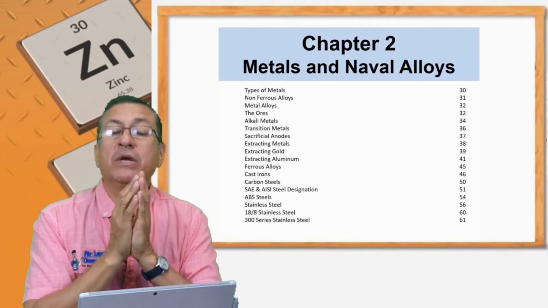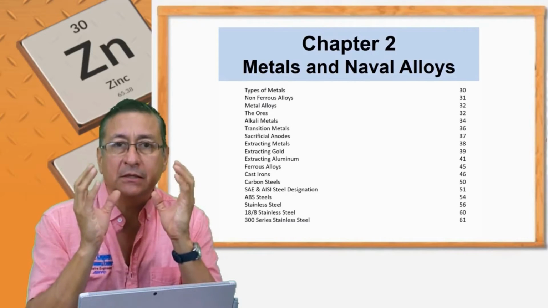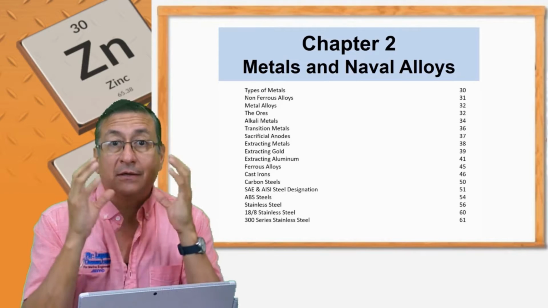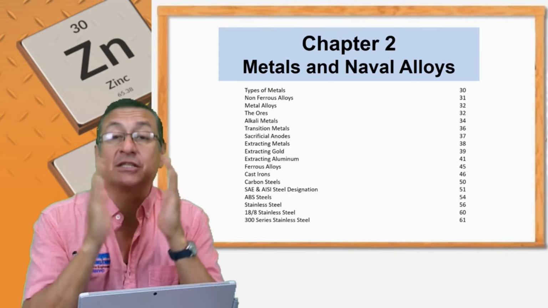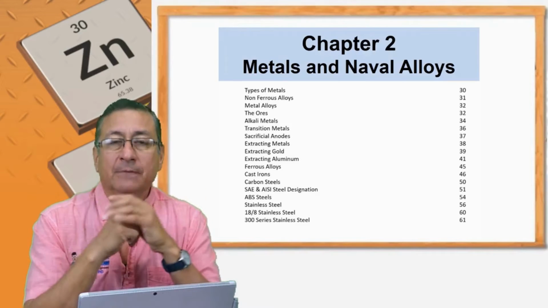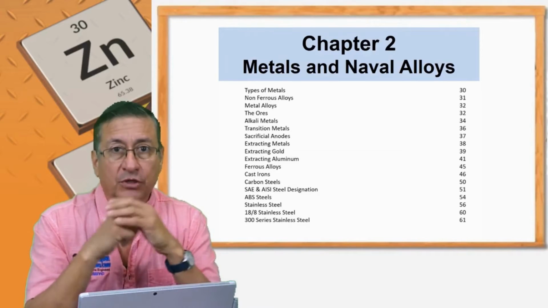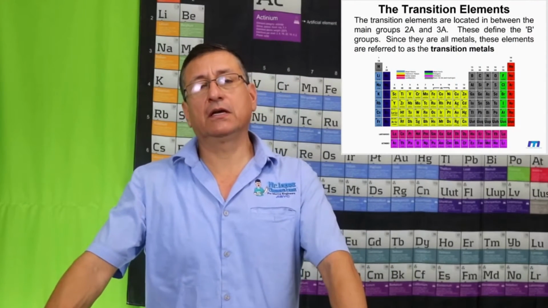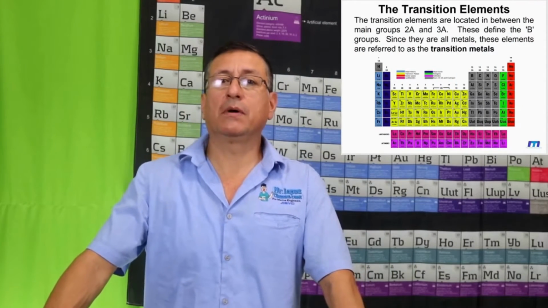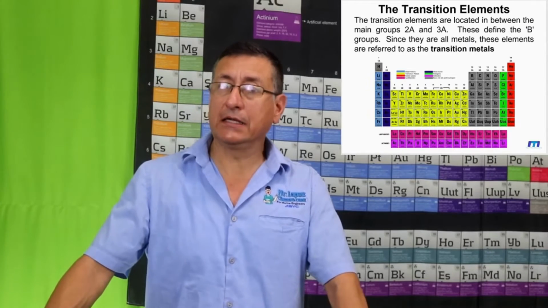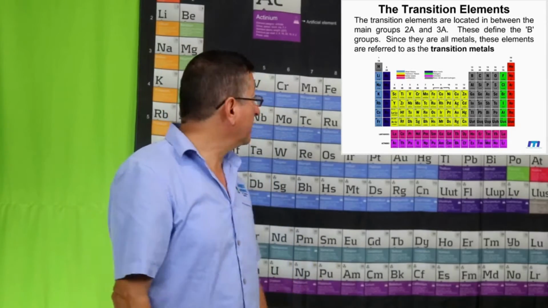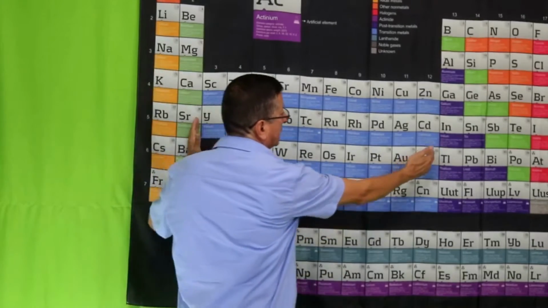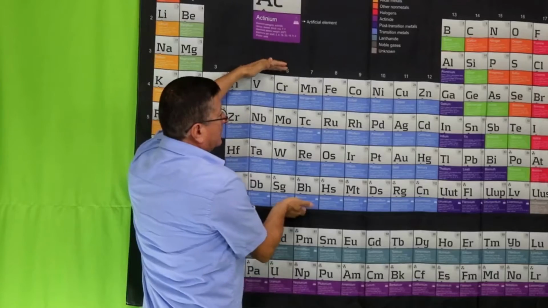In this episode, we are going to analyze basically the metals, non-metals, and we are going to check the alkali metals, and we are going to check the transition metals and the alloys. I hope you enjoy this video. In this specific episode, we are going to talk about the difference between metals and non-metals, and we are going to talk about the transition metals, those metals located here in this section.